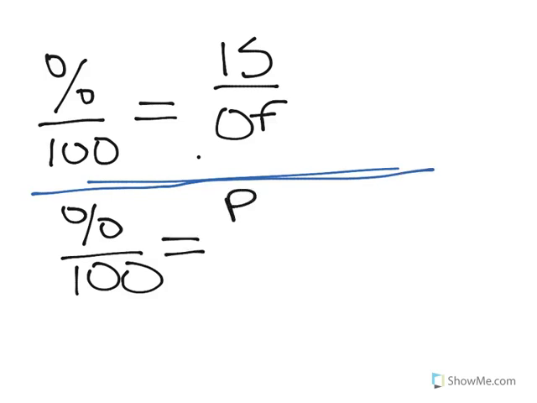And part over total. Okay, so again, there's two ways we can set up a proportion: percent over 100, and depending upon how they give us the information, it's going to be is over of, or percent over 100 and part over total. We'll set up the proportion and solve it.